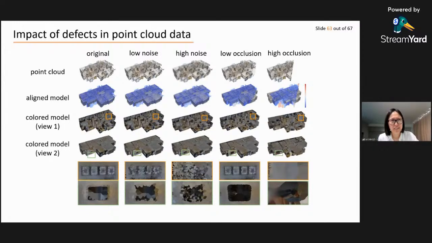I guess in that case it's very difficult for the method to work, because first of all, what we estimate from the floor plan, the model to the point cloud, is an isotropic scale. We just compute one scale that enlarges or shrinks the model to fit the point cloud.